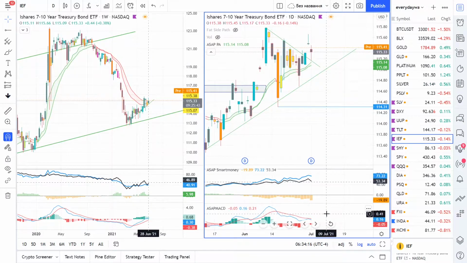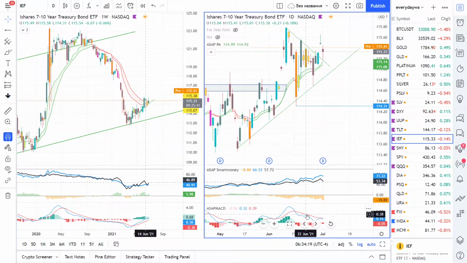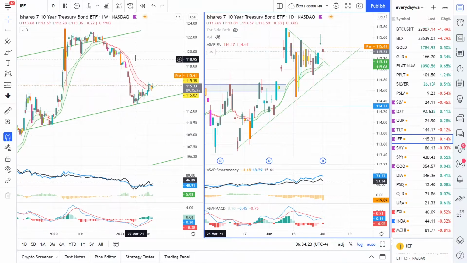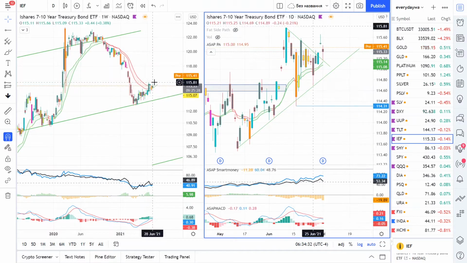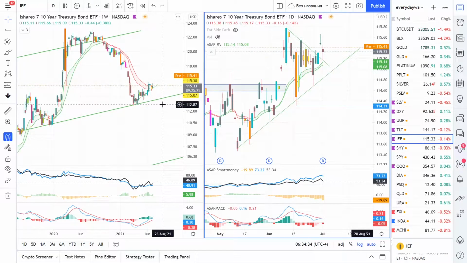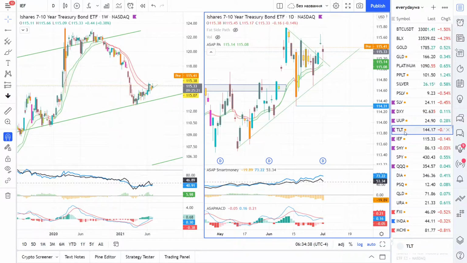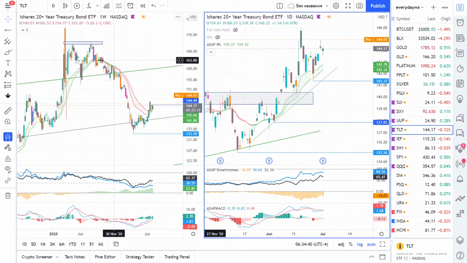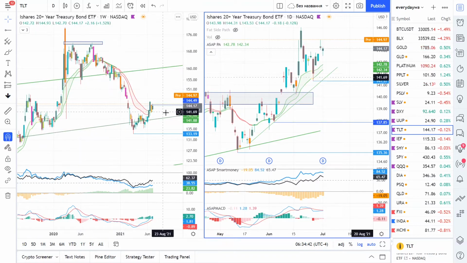We have a negative delta and negative momentum, and this might indicate that the probability of this big head and shoulders pattern forming and starting to break to the downside is bigger than the probability of the big head and shoulders pattern on the weekly being realized on the TLT ticker.